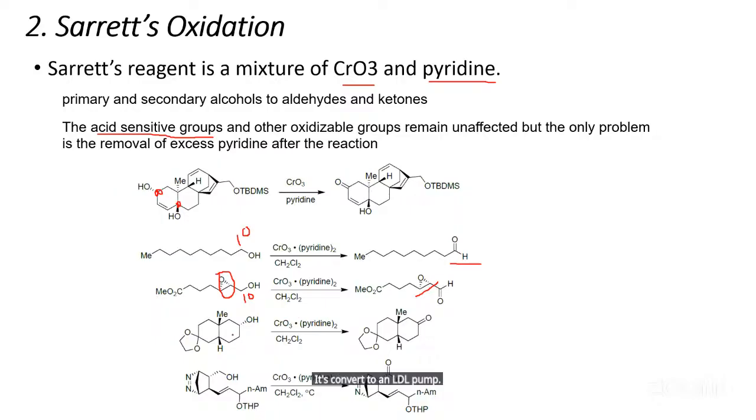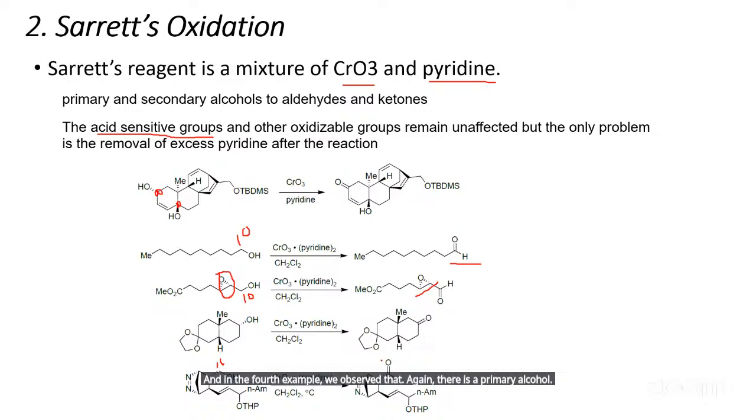In the next example, we observe that there is a diol protection. This diol protection, a ketonic molecule, remains unaffected, while the secondary alcohol gets oxidized to a ketone molecule. And in the fourth example, we observe that again there is a primary alcohol.